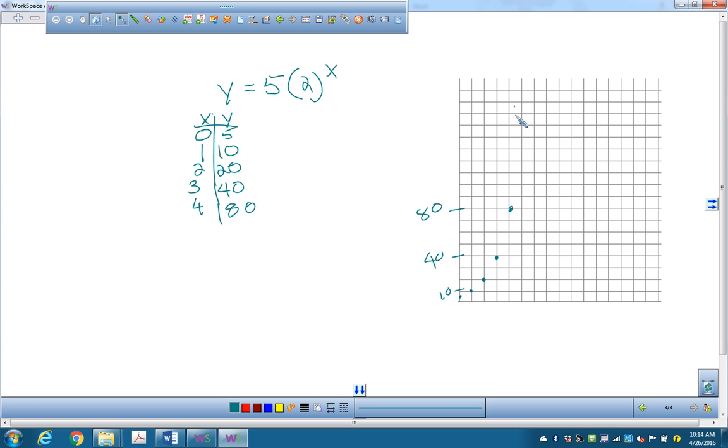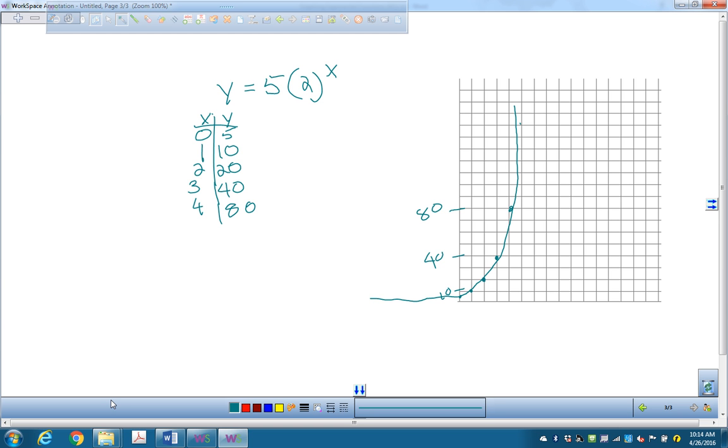It goes up really steep over here, and then it goes through these points, and then it kind of curves through there. It won't hit 0. It'll keep going this way along the x-axis. Did you sketch that one in? Okay. All right, we're good?